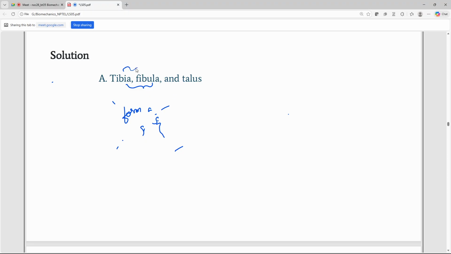Okay, so basically tibia and fibula form a socket known as the mortise.